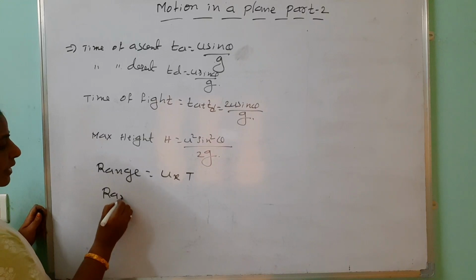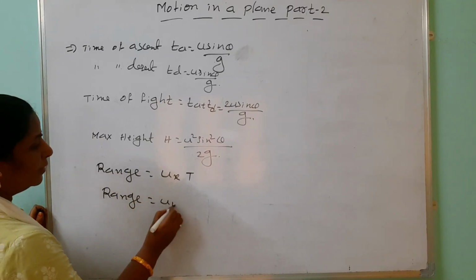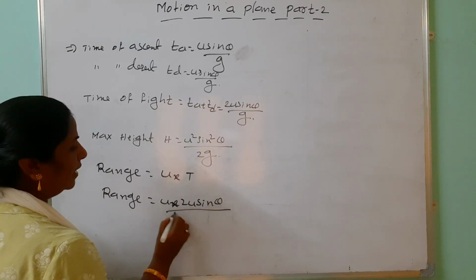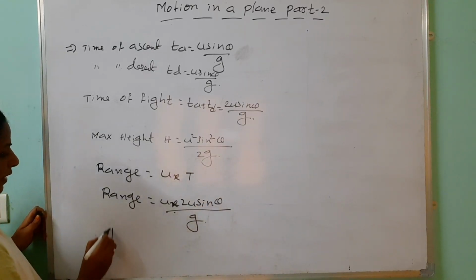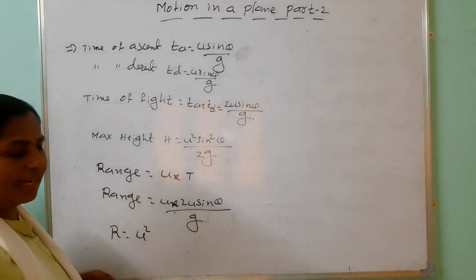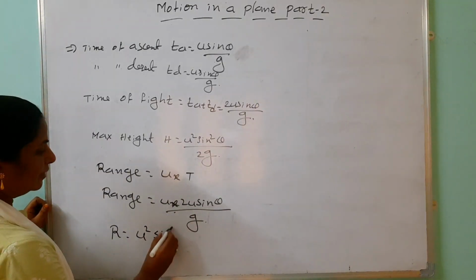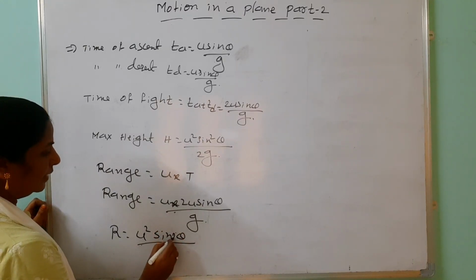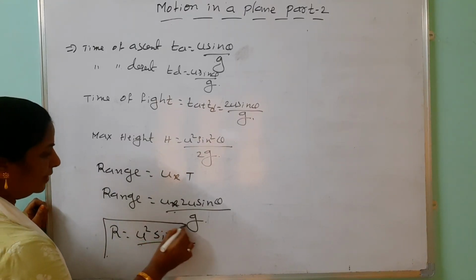When we substitute the time of flight, ux into 2u sin theta by g. But u into u, how much? U square. 2 sin theta cos theta is sin 2 theta. So we should write it as u square sin 2 theta by g.